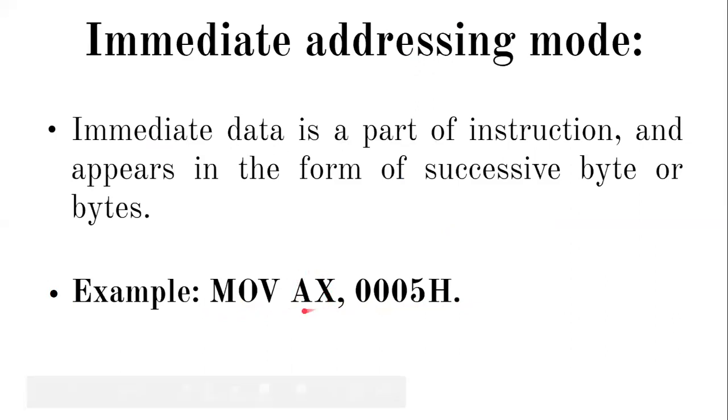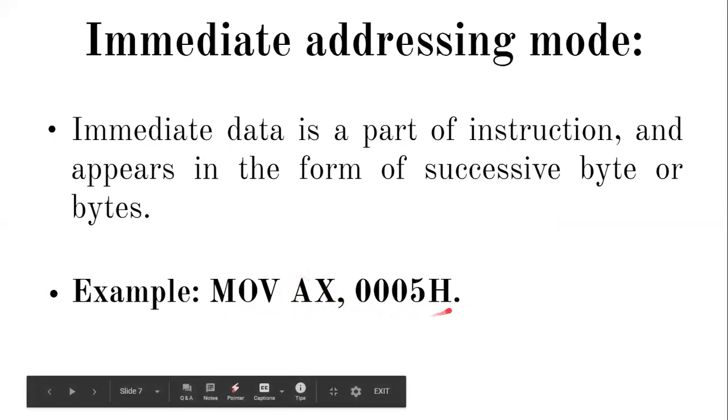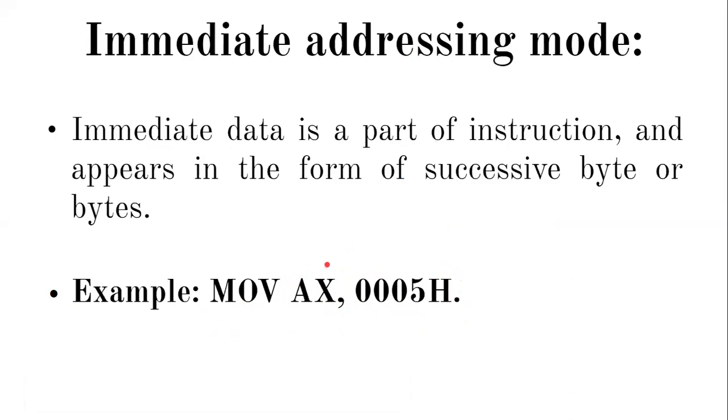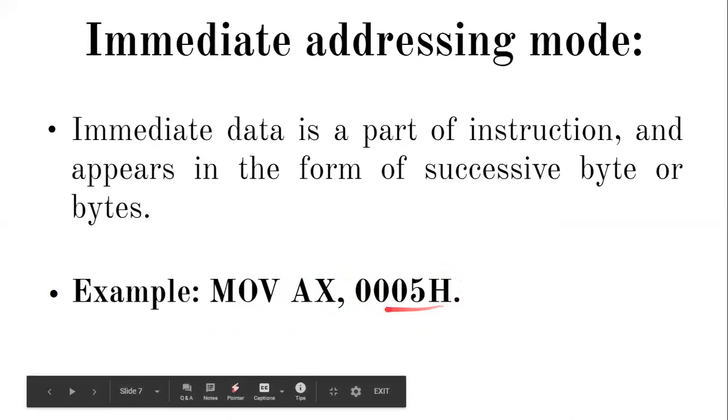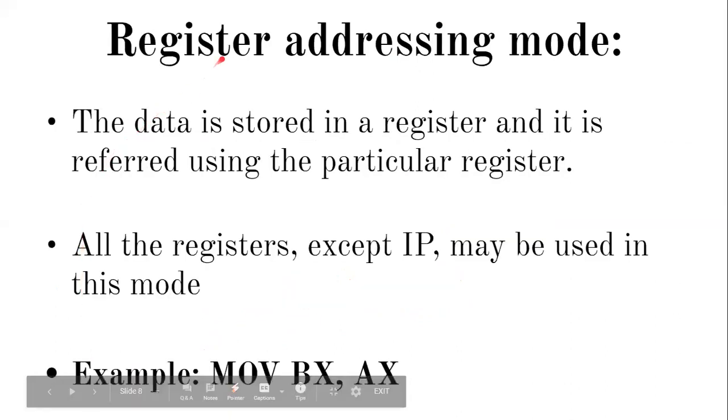One operand is a register, while the other operand is immediate data. By this instruction, the immediate operand 0005H is directly copied into the register AX. Such an addressing mode is called immediate addressing mode.